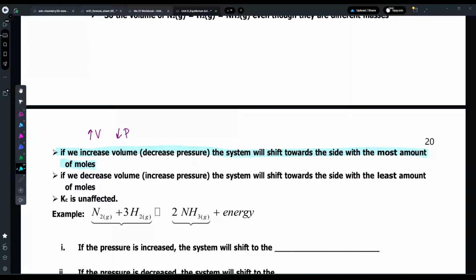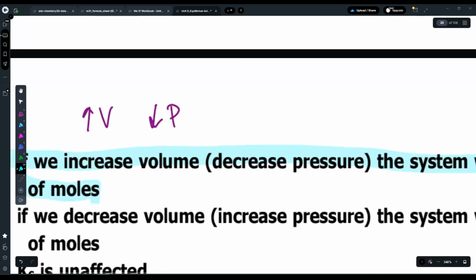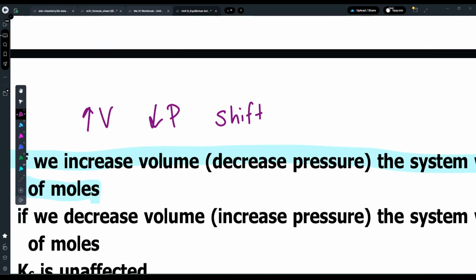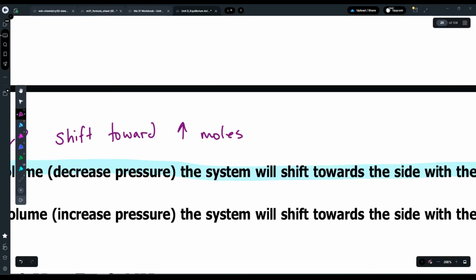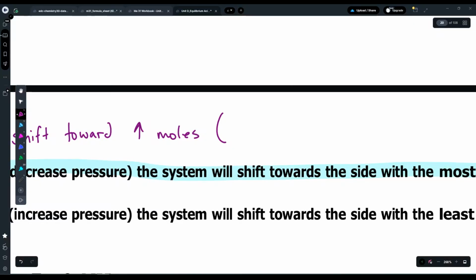The reason this happens is because there's an increase in volume, which means there's more space for more moles of gas. That's why the equilibrium shifts towards the side with more moles of gas. So let's write out what I just said. It shifts towards an increase in moles. Why? Because there's more room.